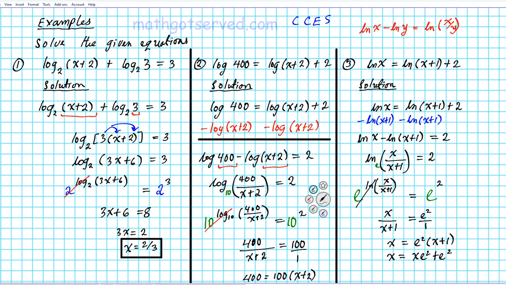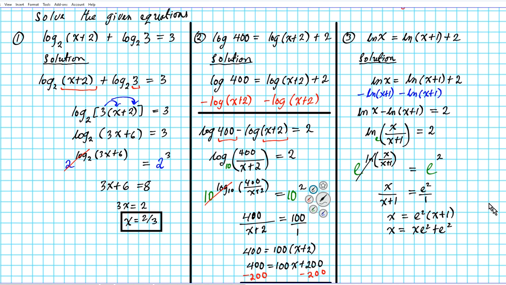We're going to collect the terms with the x's to one side and then isolate the x, okay? So subtract x e squared from both sides.